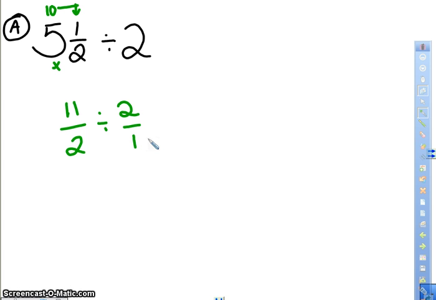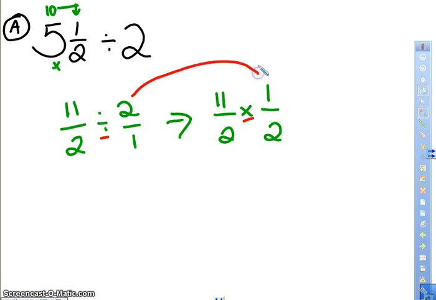Now make sure you do not change your division to multiplication until after you have flipped that number. So now I'm going to flip it. I get 11 halves times, flip it over, 1 over 2. So now I've changed division to multiplication, and I've taken my 2 and changed it to its reciprocal.